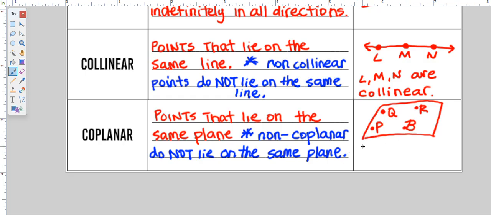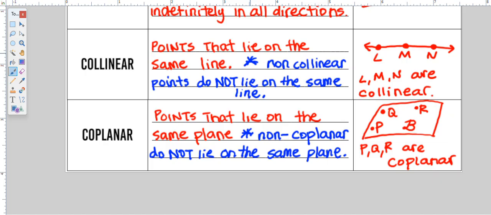So I can say that P, Q, and R are coplanar. They are sharing that plane together. They make that plane, because remember we need at least 3 points to create a plane. So being coplanar is also just part of existing on the plane, right?